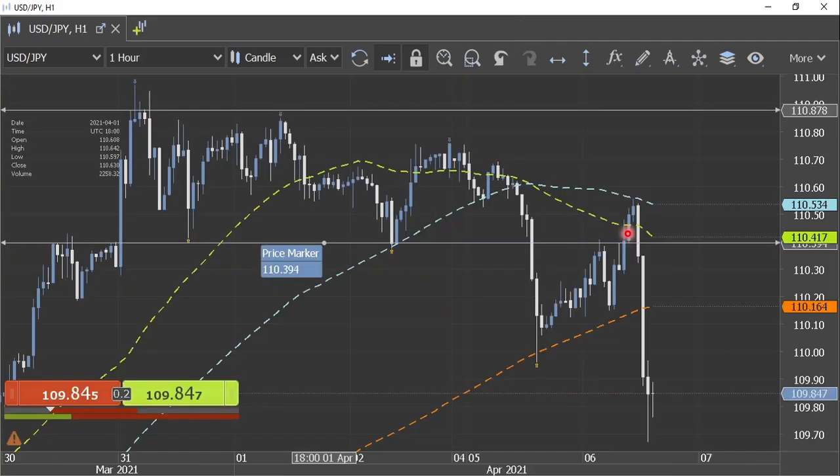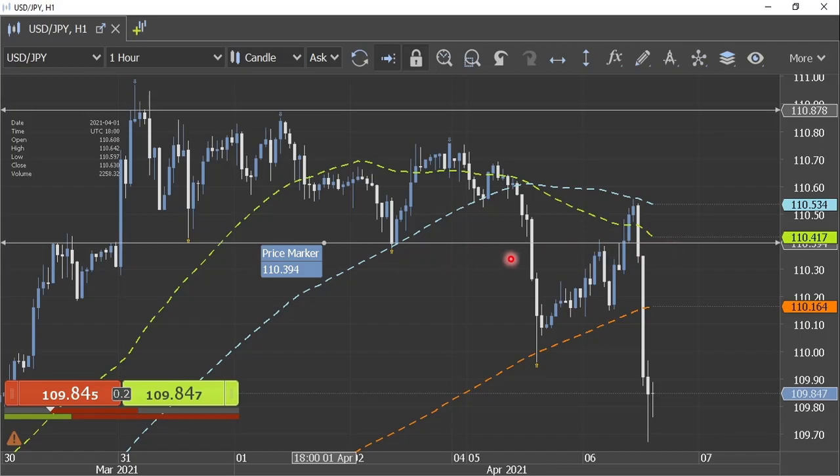So if we have to figure out some levels which are going to cut down on our possible losses while optimizing the profit levels, I think we will have to rely on these prior consolidation phase lows closer to 110.4.